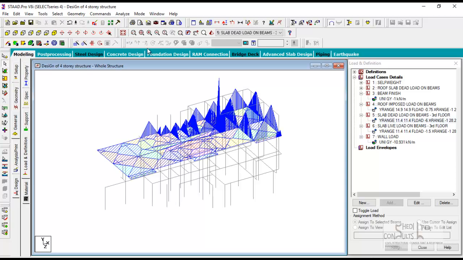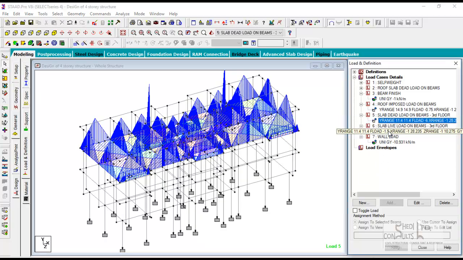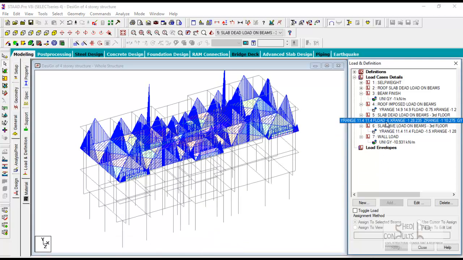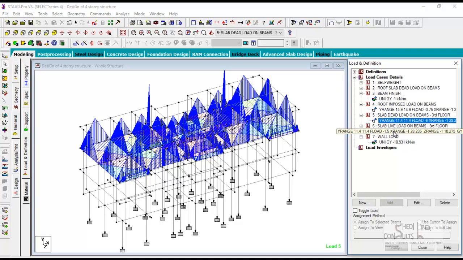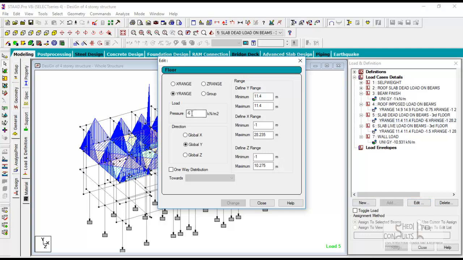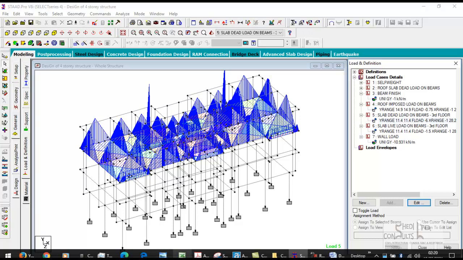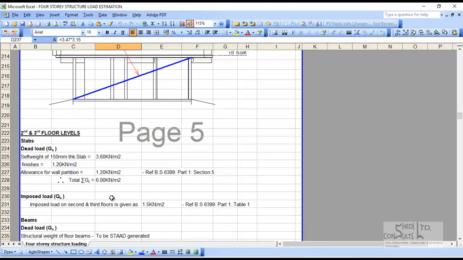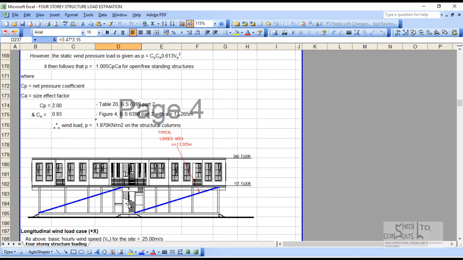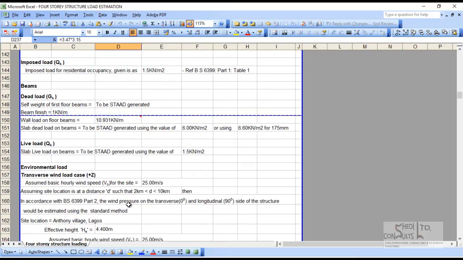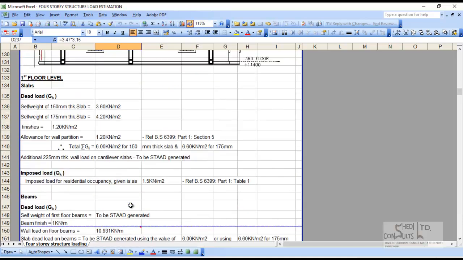Okay, so I have just seen an error which we have made. If you look carefully, on the third floor, I have used a pressure load from the slab to the beam. I have used, okay, so 6 kN/m square is the same. Let me look carefully. You always have to check your loadings to ensure that it's correct. So this is on the first floor level.